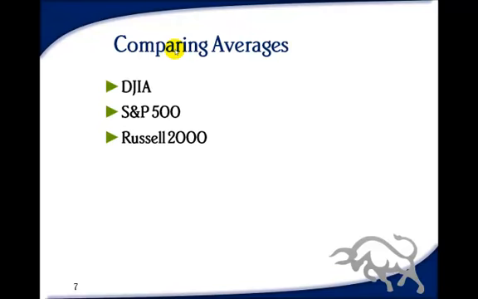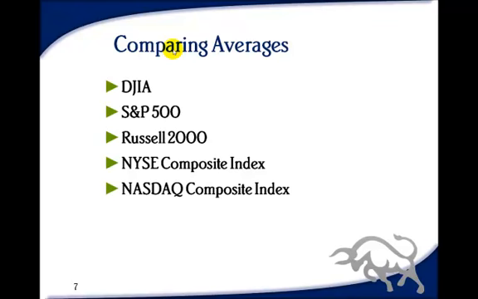The S&P is based on 500 shares, the Russell on 2000 shares. The NYSE Composite Index is based on all the shares in the New York Stock Exchange, and Nasdaq is based on thousands as well, but it's a weighted index. Nasdaq is basically looked at as a technology market.